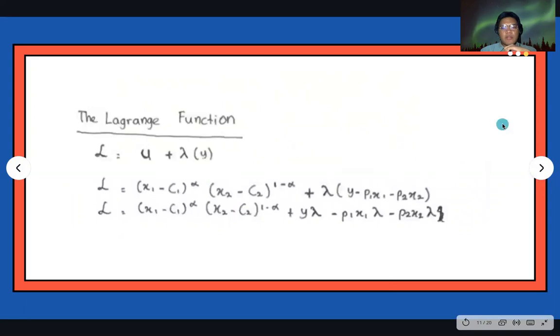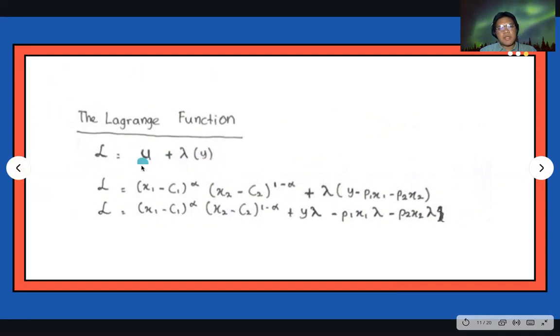After we found this, we want to make the Lagrange function. I'm using L, but you can use whatever you want. So I use L equals u plus lambda multiplied by the constraint function.